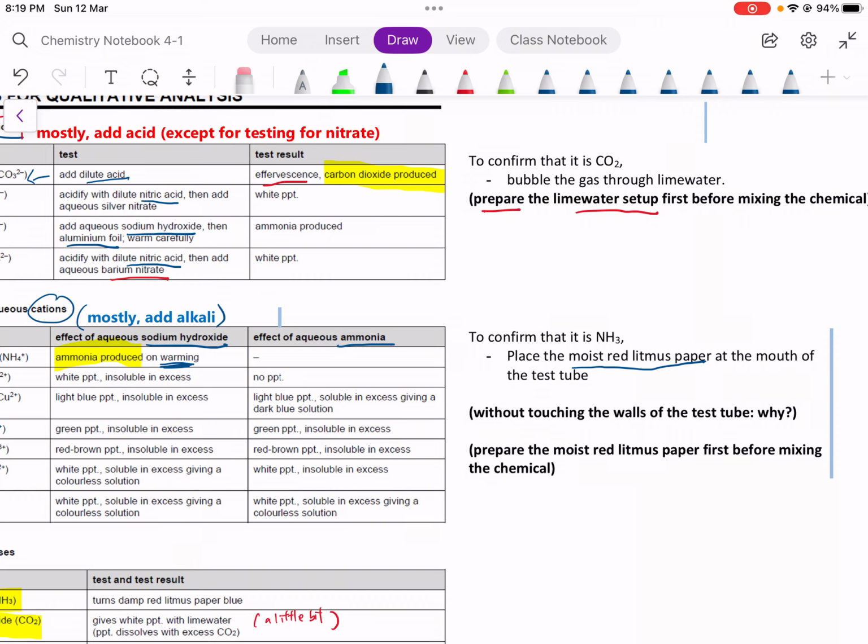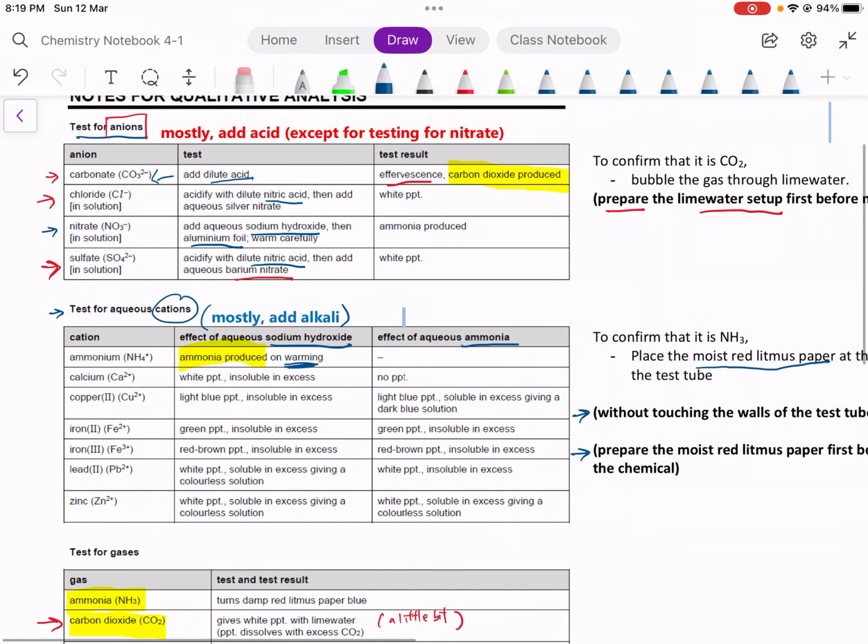Whenever we do any gas test, we always need to prepare first before we do the step. Otherwise, when the gas is produced, we'll fumble or panic a bit, not knowing whether to wait for the gas to come out or to prepare first. So we prepare first.